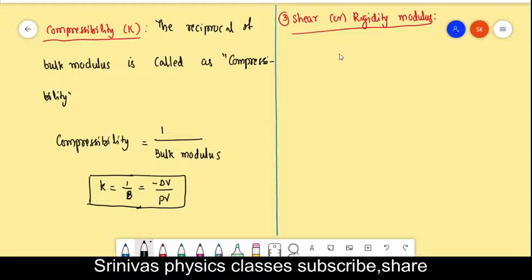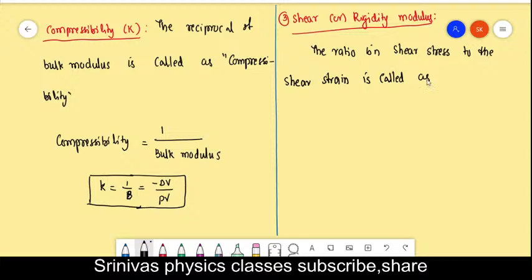It is the ratio between shear stress to the shear strain, which is called rigidity modulus.